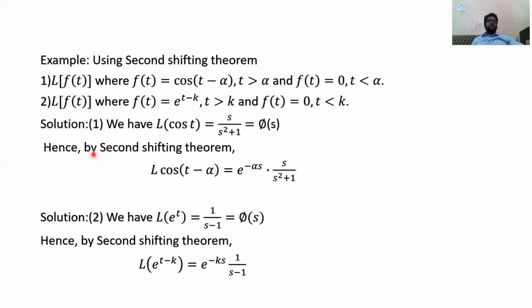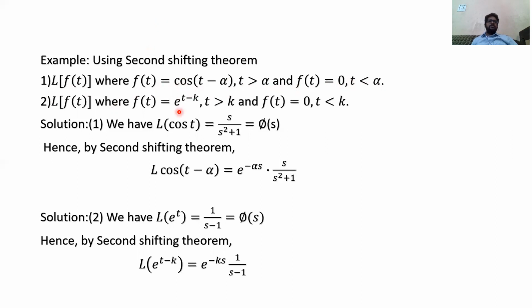Now I have taken some examples based on this theorem, using the second shifting theorem. The first example is Laplace of f of t, where f of t equals cos of t minus alpha for t greater than alpha, and f of t equals 0 for t less than alpha. This problem can be solved easily using the second shifting theorem.